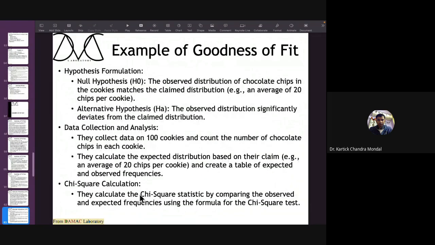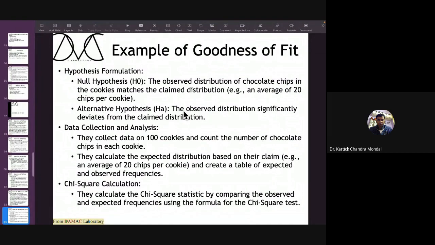So for this, you have to test the hypothesis first. You create a hypothesis that the observed distribution of chocolate chips in the cookies matches the claimed distribution, that is, on average 20 chips per cookie are present. That is the null hypothesis.